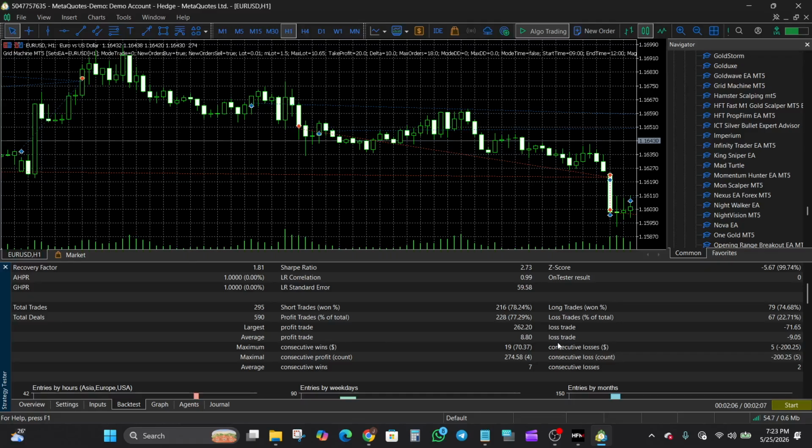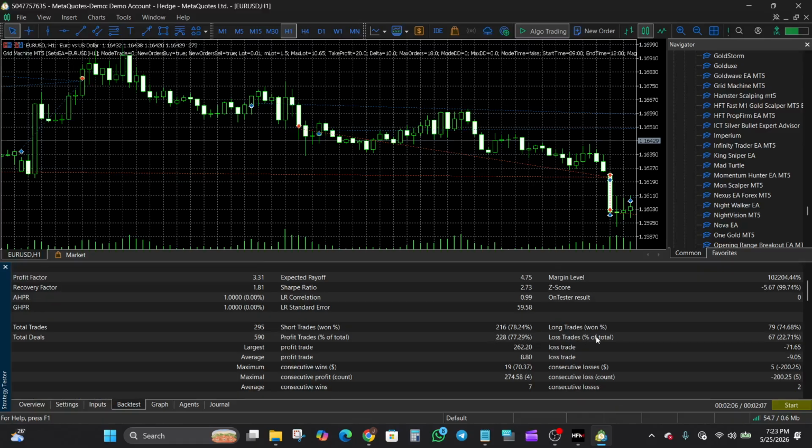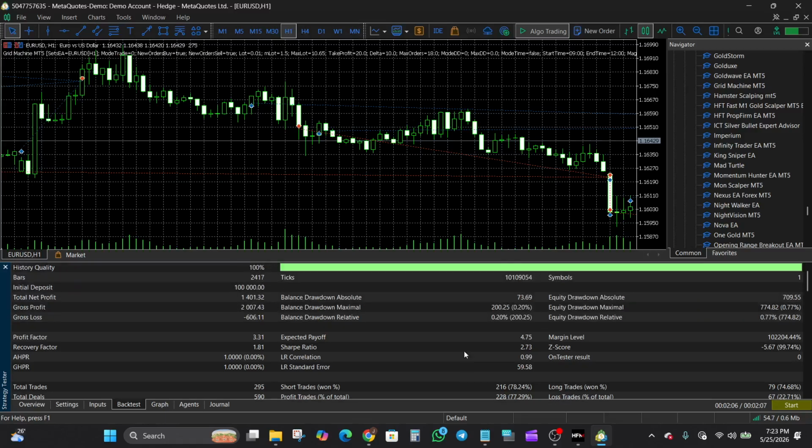So the risk to reward ratio is not good enough. But the win rate is quite good, right? The win rate is quite good, and with the risk to reward ratio that is close to 1:1, it's not surprising to have a positive total net profit, even though it's just about 1.4%. Just about 1.4%, right? But it's not exactly out of place.